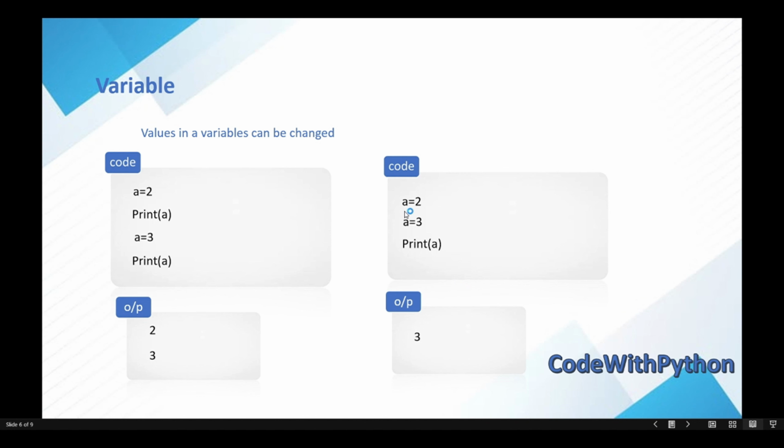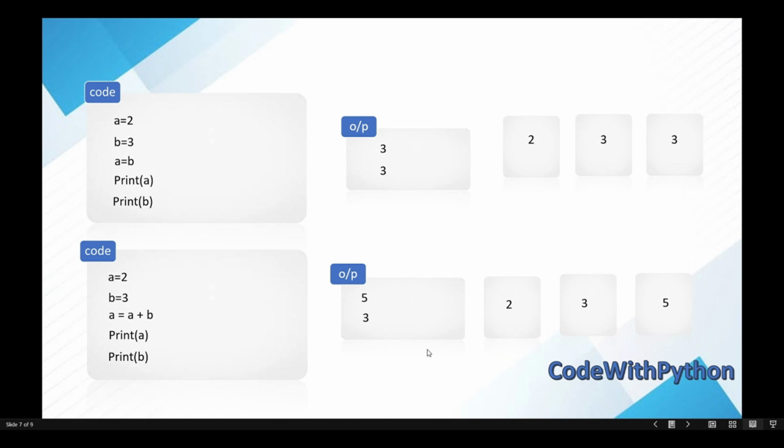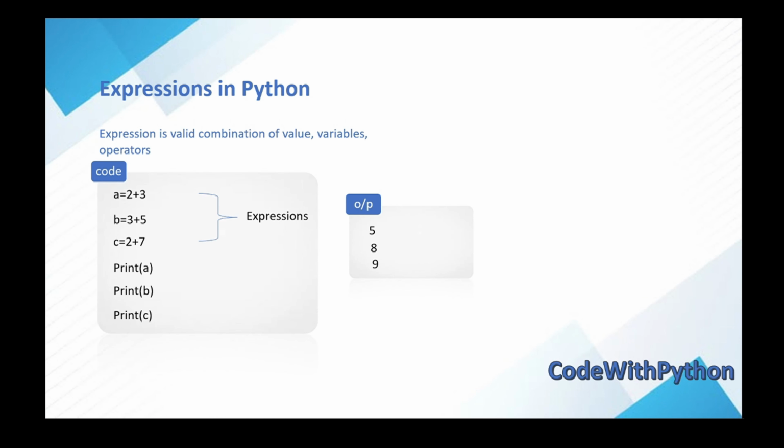We first assigned the value 2 to the variable a. Second, we assigned the value 3 to the variable a. So in the place of 2, we have assigned 3. Instead of 2, what we have in a is 3. So what we should print is a is equal to 3. So till now it's clear, right?